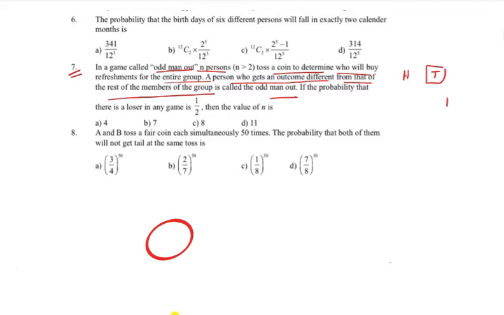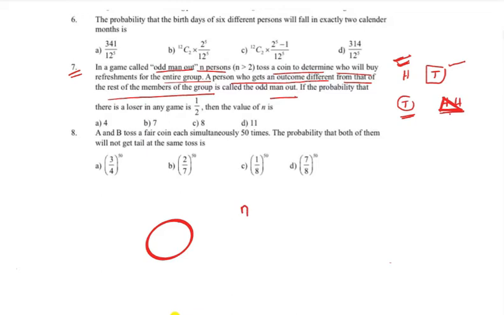Suppose all the members get head, then the first person has to get tail. In that case we can say the first person is the odd man out. So if the first person gets head, the remaining members all have to get tail only, or if the first person gets tail, the remaining members all have to get head. Then only we can say the first person is out of the game. He has to buy the refreshments for the rest of the people.